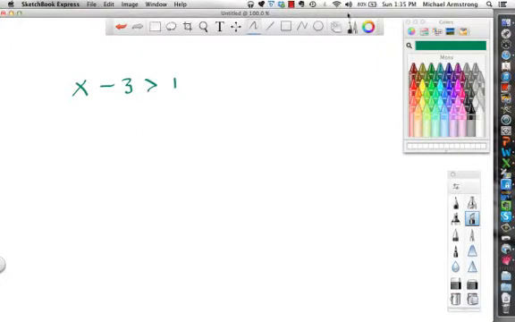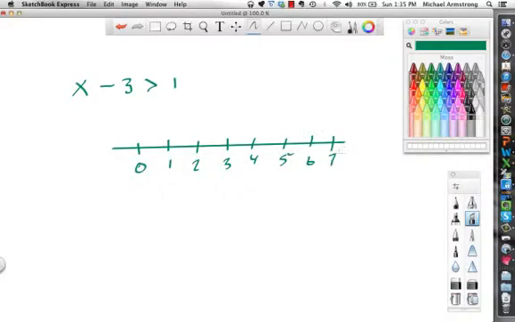So we could just start with our number line and say, well, what number works for that? I have 0, 1, 2, 3, 4, 5, 6, 7, and I just try some numbers. Can x equal 2? Well, if I put that in, 2 minus 3 is negative 1, and that is not greater than 1.